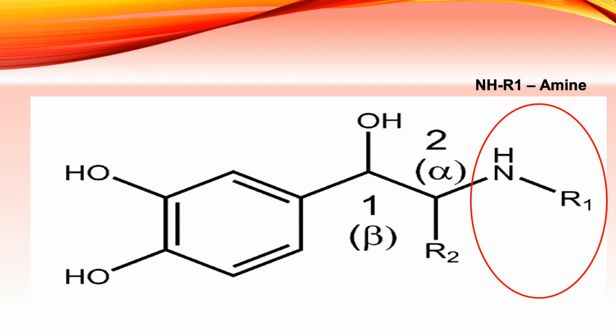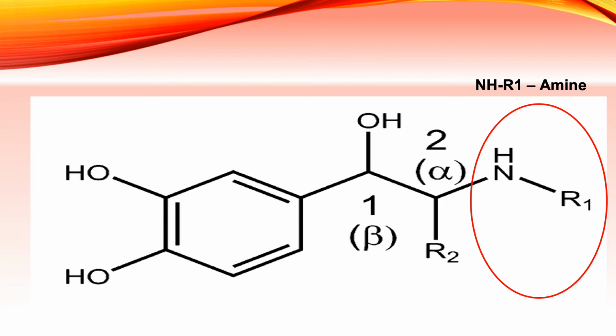So, if our amine with R1 available for substitution will be substituted with an alkyl, remember that as the alkyl size increases, or the more carbon atoms attached in our R1, the more selectivity it will have for the beta receptor and the less activity with our alpha receptor.